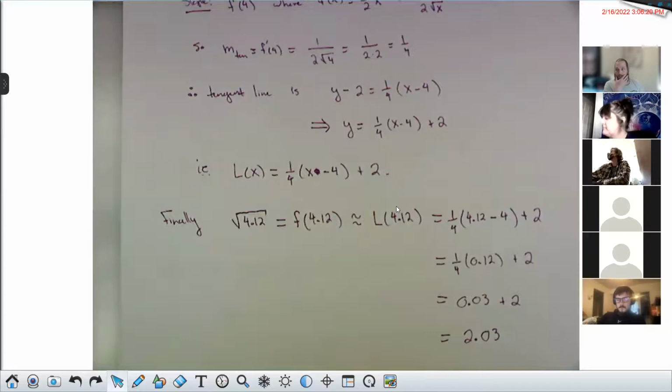Other place this really shows up in a useful fashion is with trig functions, right? Evaluating the sine of 34 degrees or whatever is not a thing you can do by hand, or exponentials, like about how big is e raised to the pi. That's a little tough to figure out on its own.